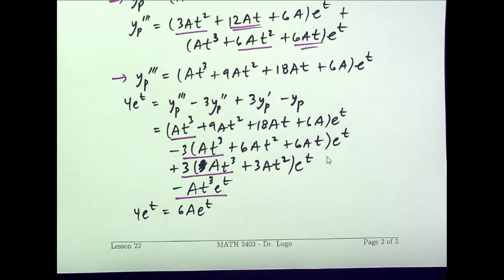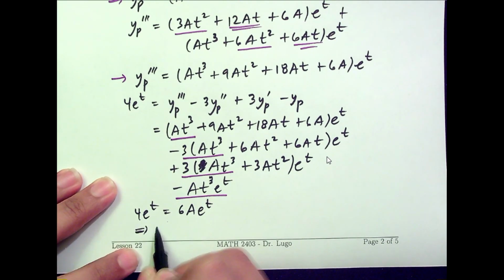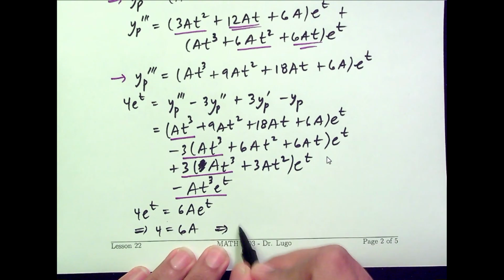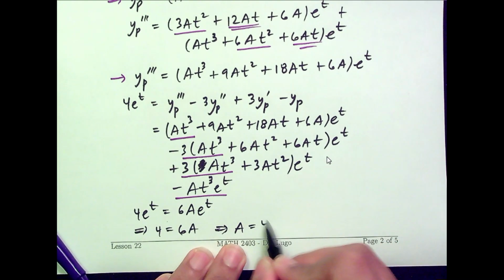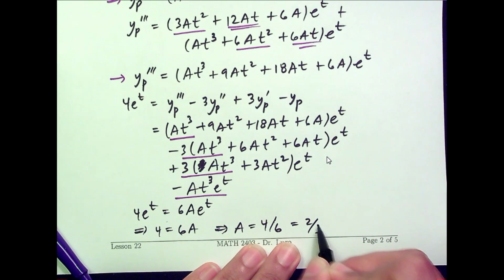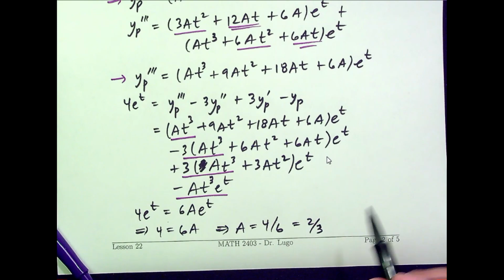And now comparing, that means that 4 has to be 6a, which means that a equals 4 over 6, or 2/3. So a equals 2/3.